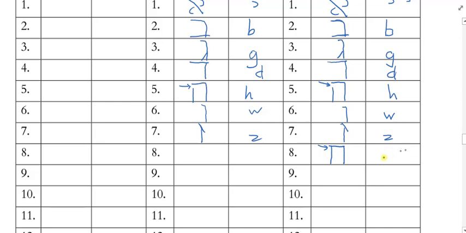Chet. Okay, so we'll write it again: down, over, and down again. You'll often see a little bit of an overhang on that chet. This is an H with a dot under it. That dot represents the guttural nature of it, the constriction in the throat.